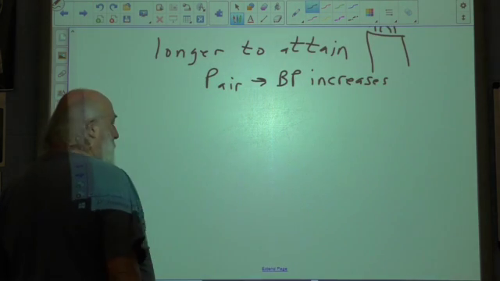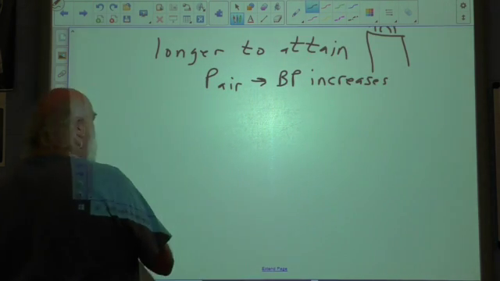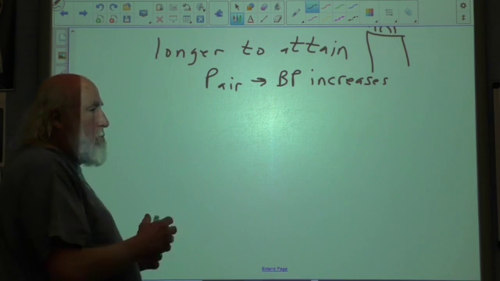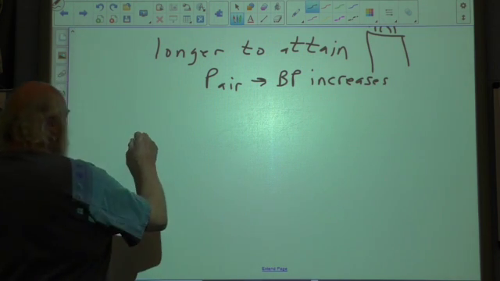So, there is a mathematical equation that makes that relationship, and that is the following.